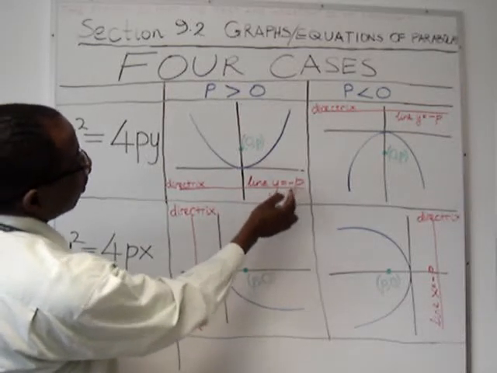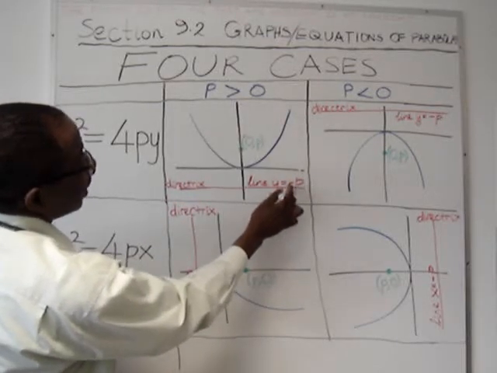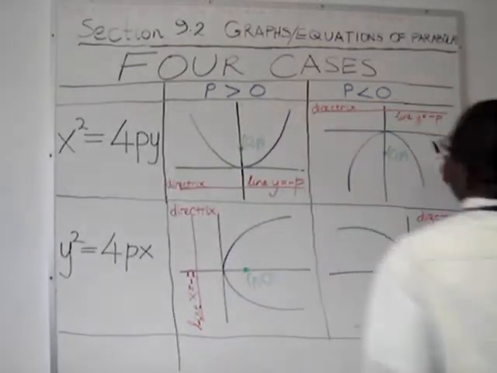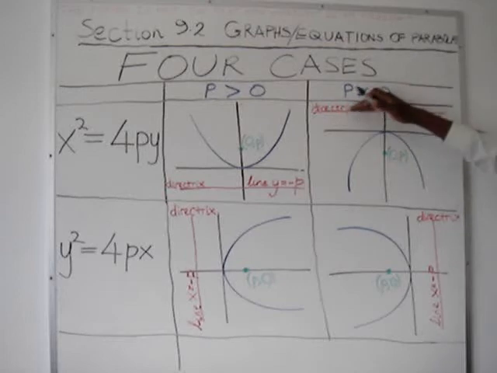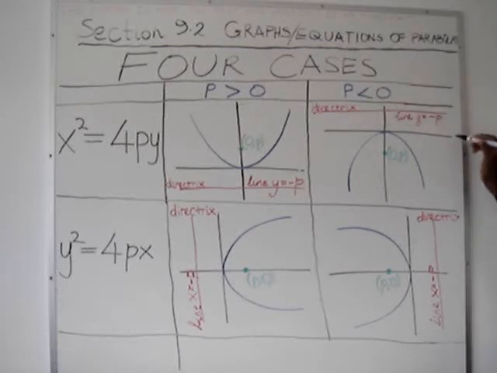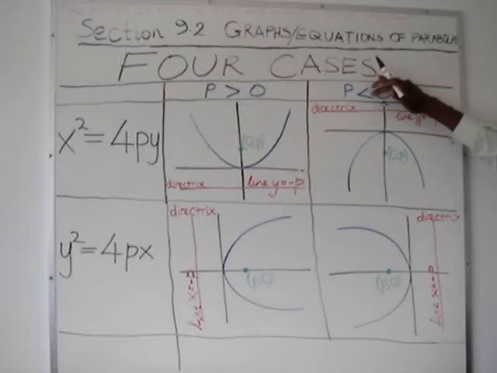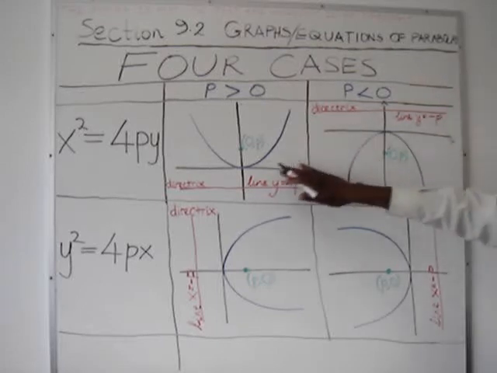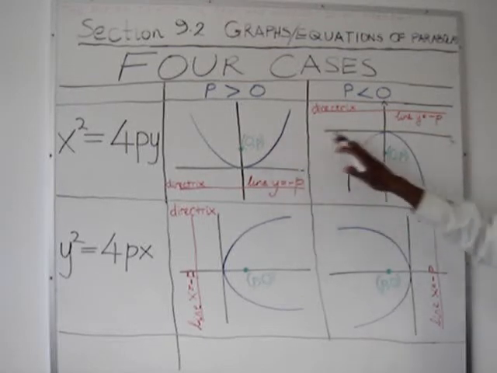On this one, we know that along this line y is going to be greater than 0, because we're in the positive x direction. But we know that p is less than 0, so in order for y to be positive, it has to be negative p. So in fact, the line is y equals negative p for both of these.